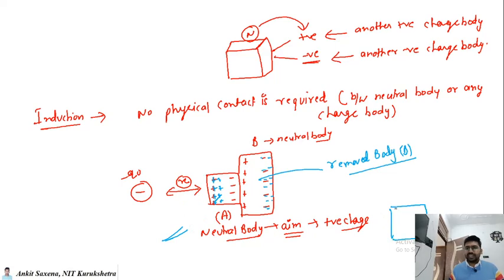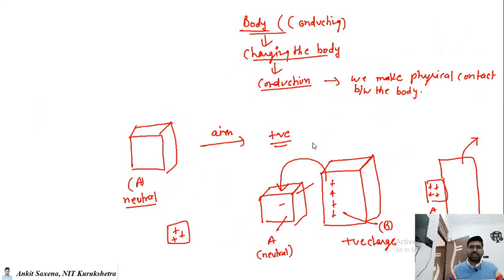So here there is one question in your mind: sir, we make a physical contact between A and B. Yes, we make a physical contact between A and B, but the thing is that body A is neutral and body B is neutral in the starting. In the case of conduction, you can see that the physical contact is between a neutral body and a charged body, maybe a negative charge body or positive charge body.